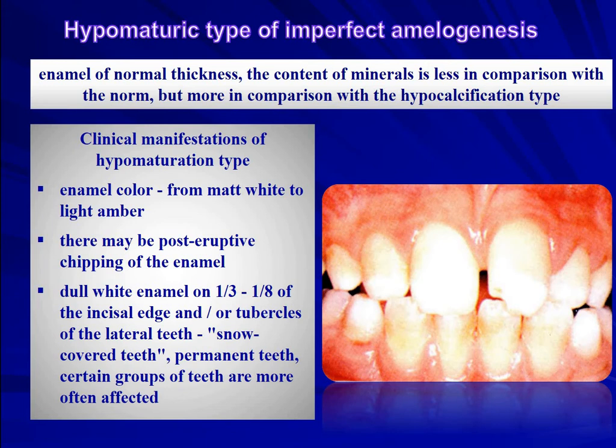Hypomaturation type of amelogenesis imperfecta. Enamel is of normal thickness. The content of minerals is less in comparison with the normal, but more in comparison with hypocalcification type.